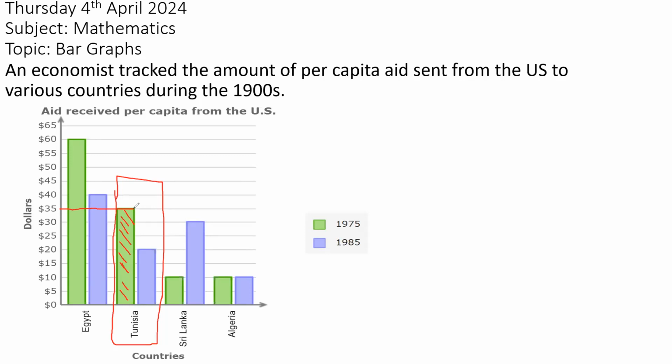And then in 1985, which is basically 10 years after, how much money was sent to Tunisia? $20. Very good, $20. So it's important to note that we are talking about 2 years, but one particular country.